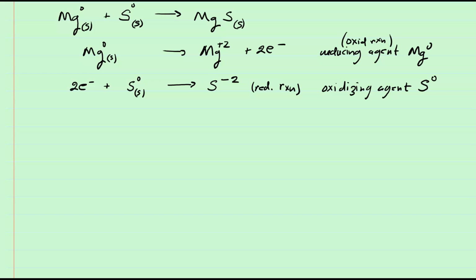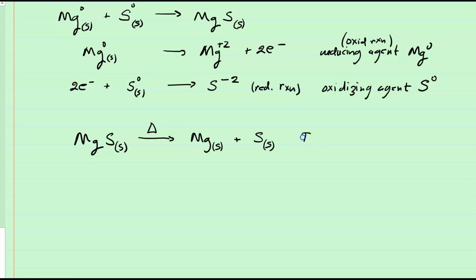Now, in all of these oxidation reduction reactions, or redox reactions, it's possible to run the reaction in the other direction if we add enough energy. So in this case, for example, if we had magnesium sulfide as a solid, and we put it in a vacuum to prevent air from entering the reaction, and we heat it very strongly, we can recover magnesium as a solid plus sulfur as a solid.